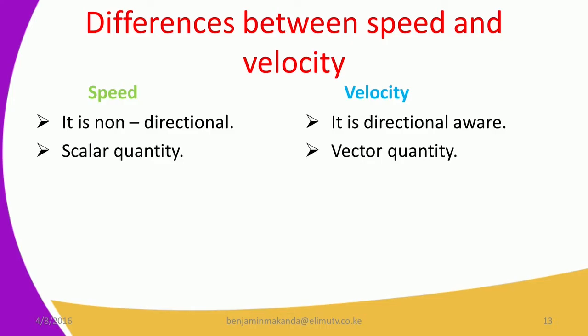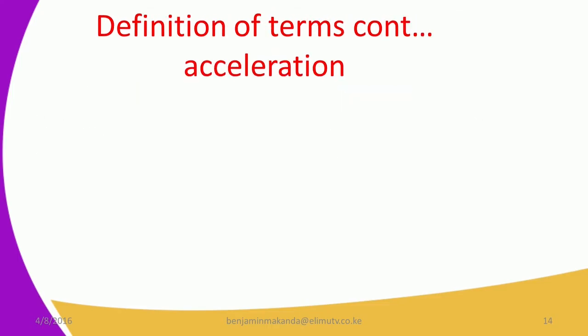You cannot tell the direction of motion. So we call that a scalar quantity. Any quantity that has magnitude but lacks direction, we call it a scalar quantity. On the other hand, a vector quantity is a quantity that has both magnitude or size and direction. For example, moving towards north at a speed of 5 kilometers becomes a vector quantity.